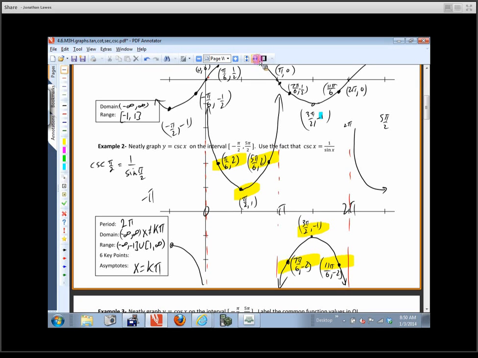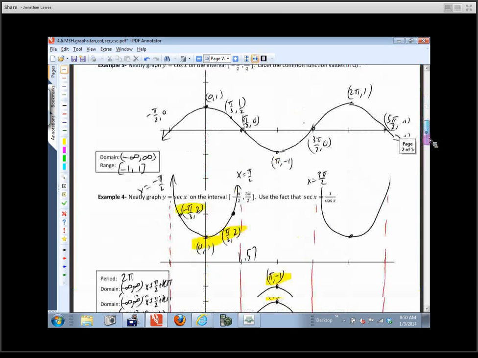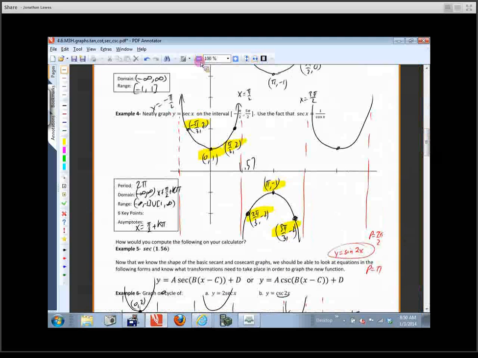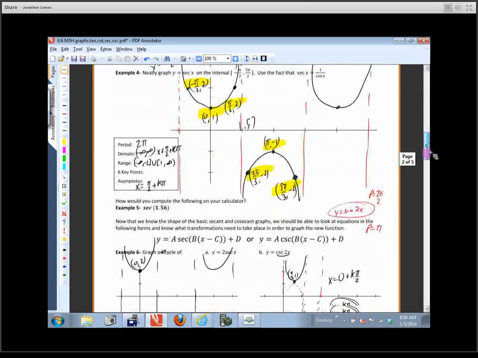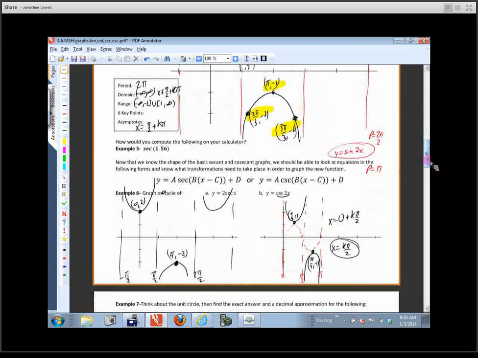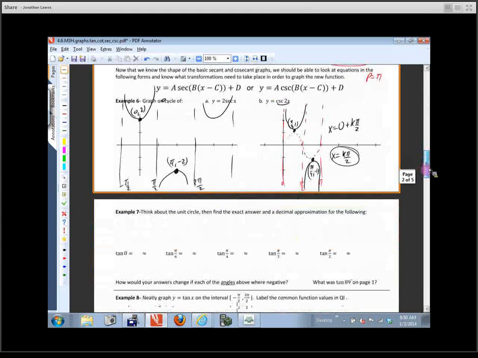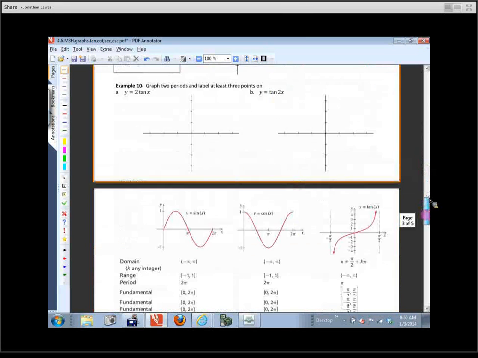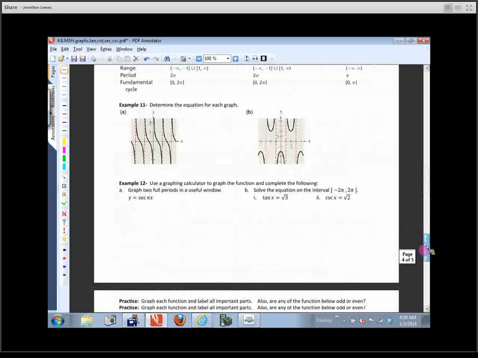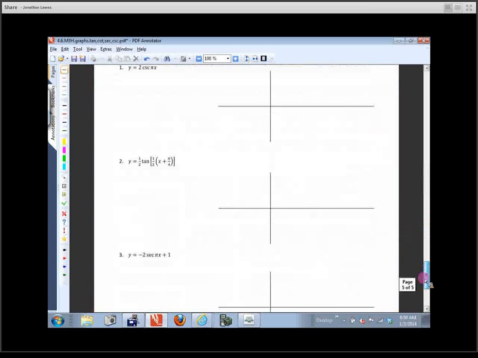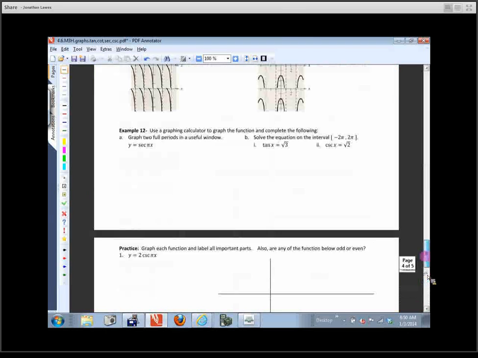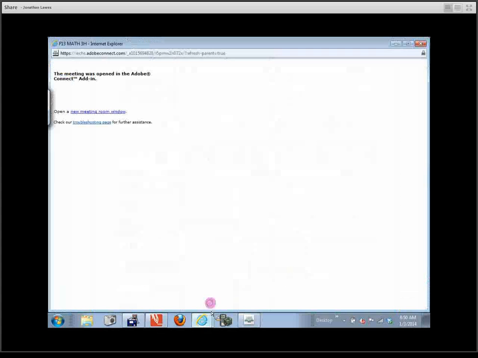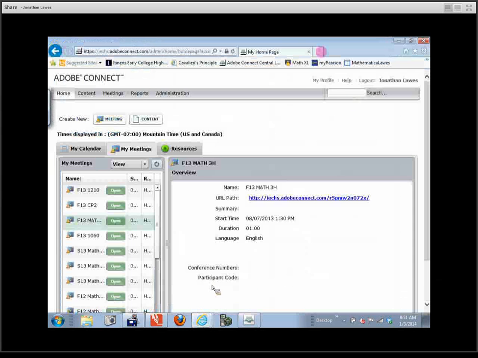All right. If you look on the website, I updated the homework. So I have homework on the website for these sections. We've only graphed secant and cosecant. Next time we're going to graph tangent and cotangent. So here's what I would do. Go to the website. Grab that.